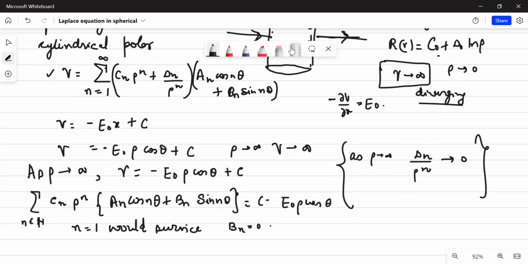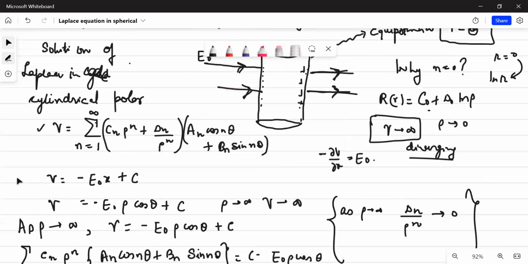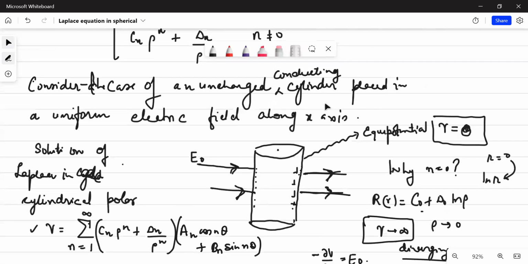Okay, so to everyone who has joined us just now, I'm reiterating the problem. The problem that we are doing right now is that an uncharged conducting cylinder is placed in a uniform electric field along the x-axis, and we want to find the potential in general.